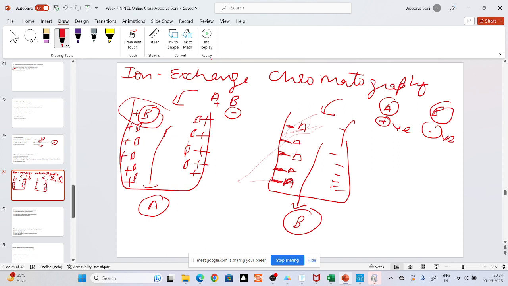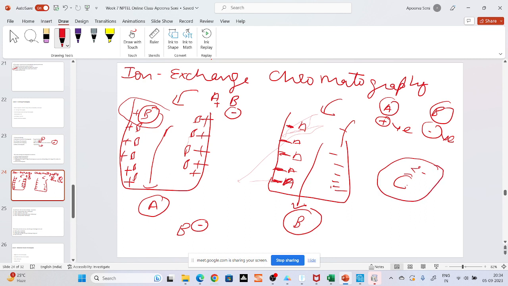The way by which we can elute B is, suppose I add another solvent which is C. This B has a single negative charge, but this C has a double negative charge. So now what will happen?